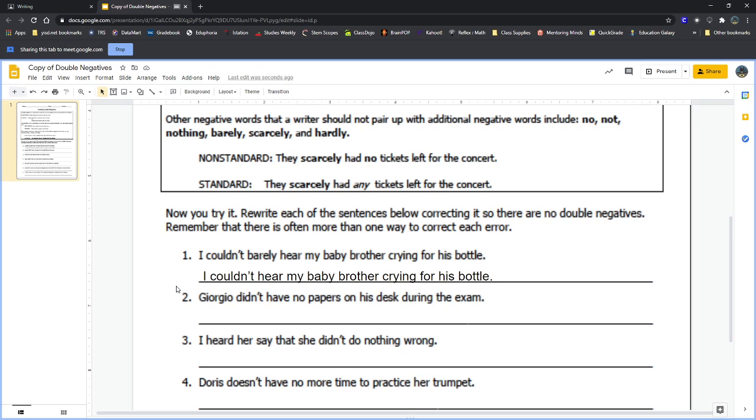The other way we could have fixed that sentence is, instead of saying couldn't, I could just get rid of the N apostrophe T and just say, I could barely hear my baby brother crying for the bottle. Either one would work. That's the good thing about double negatives, is when you find them, you don't just have to fix it one way. There's more than one way to say it.